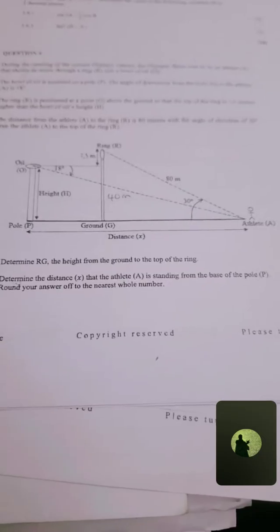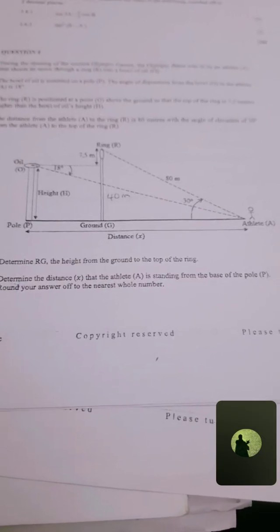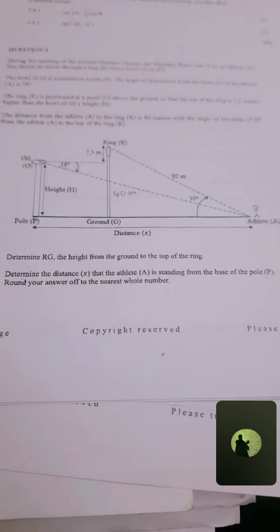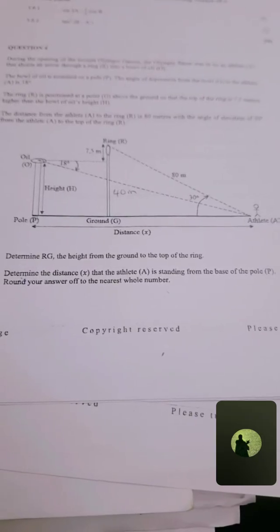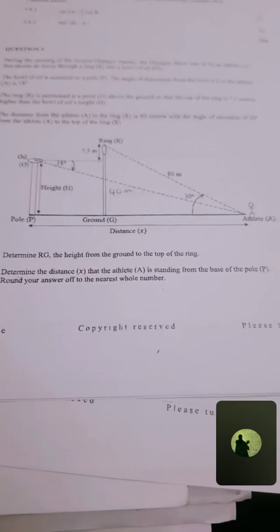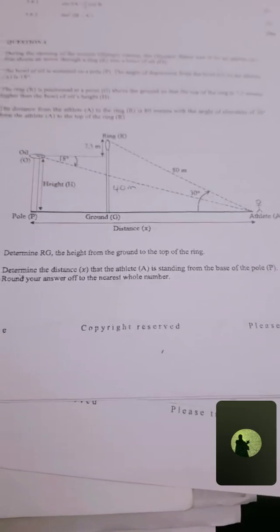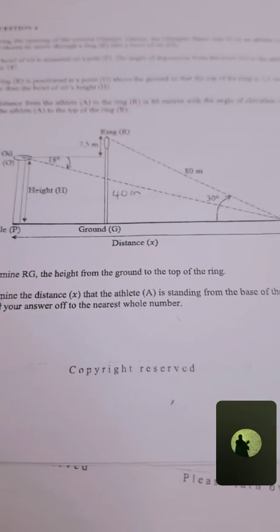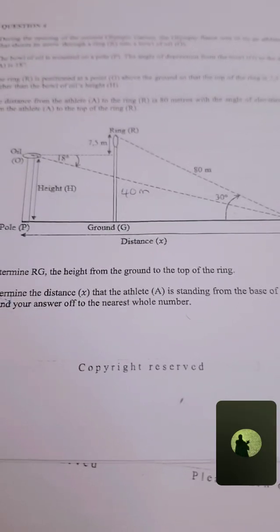Do we have that length, OA? That's my question. Oh, no. Remember, this 40 that I put in was a representation of the height, RG. So let's not forget that one.